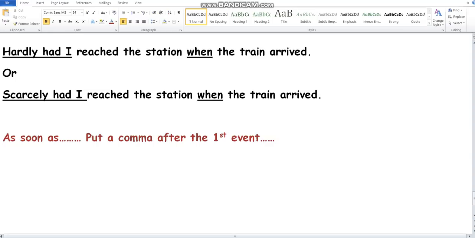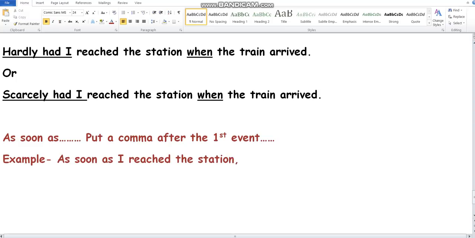For example, as soon as I reached the station, comma. This is very important. I have underlined it.